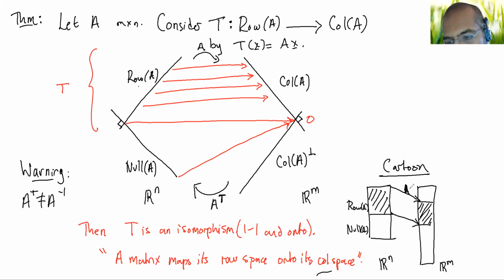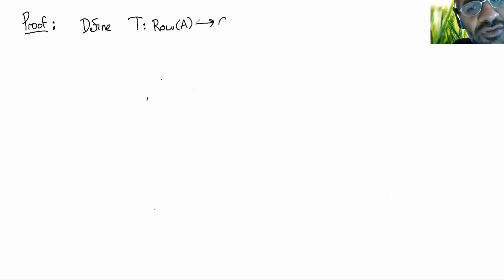Okay, so let's do the proof. So again, define T. Let A be any matrix. Let T be the linear transformation from the row space to the column space of A by T of x equals Ax.